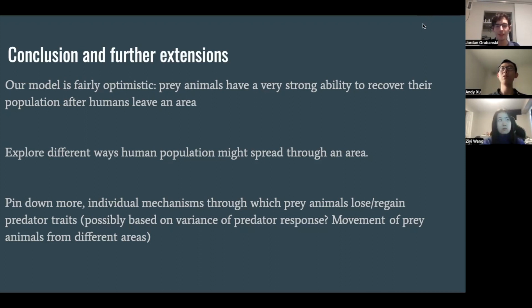Since we have this very nice spatial model, it might be good to consider the movement of prey animals with different strengths of traits to different areas and how that affects the mean, so that they could maybe diffuse and that could help them regain their predator response. But overall we found a fairly optimistic conclusion.